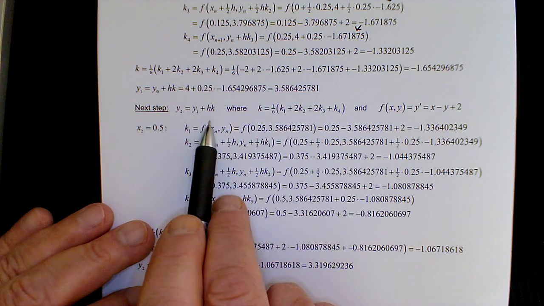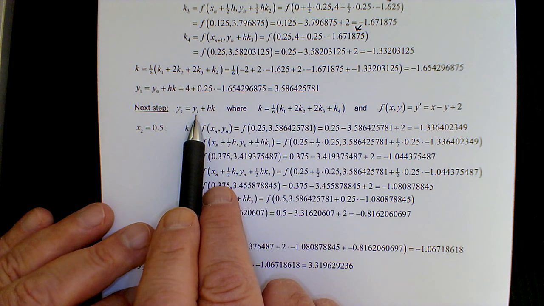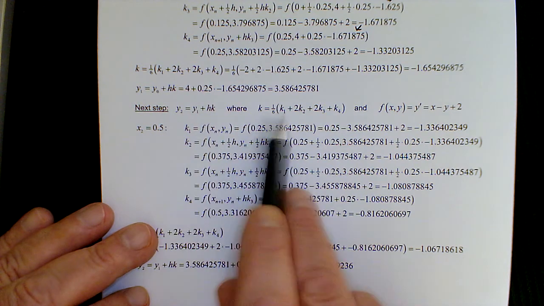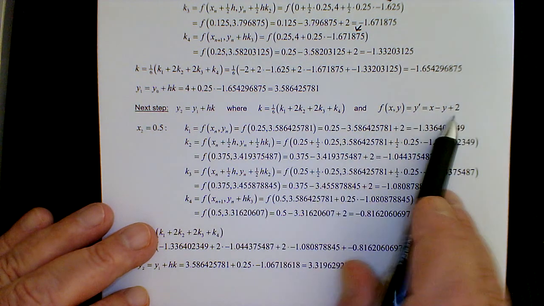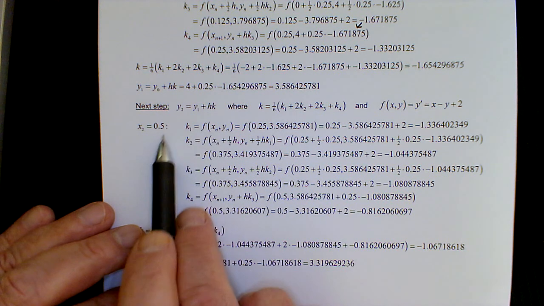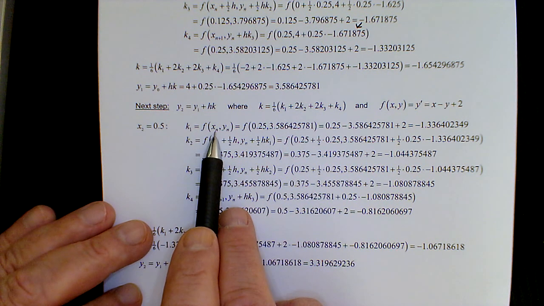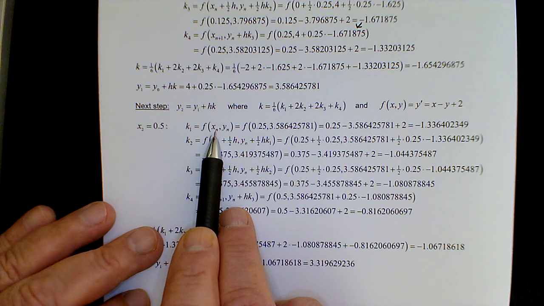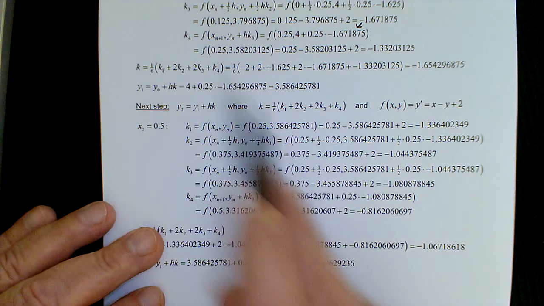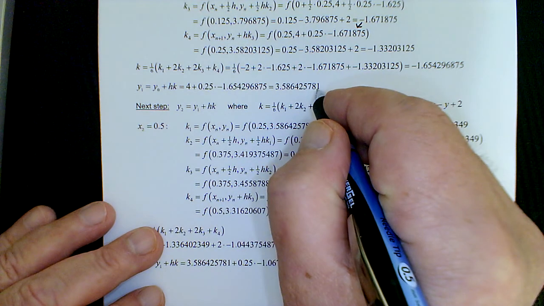But now y2 is y1, the previous y value, plus h times k, where k is the same, and the function obviously the same as well. So x2 now is 0.5, so we took another step. k1 is the previous x value, x sub n, which is the 0.25, so that's the x sub 1, and then times y sub n, which is the previous y value, y sub 1.